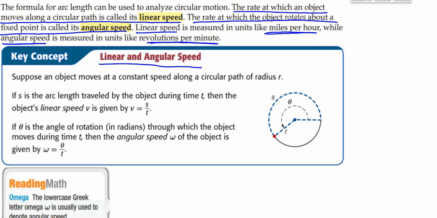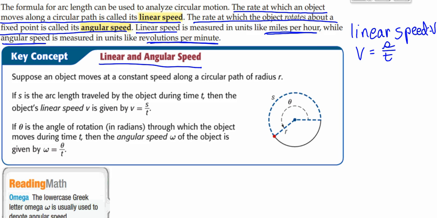if s is the arc length traveled by an object during a time t, then the object's linear speed v equals s divided by t.